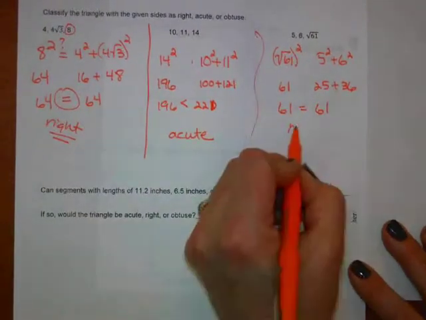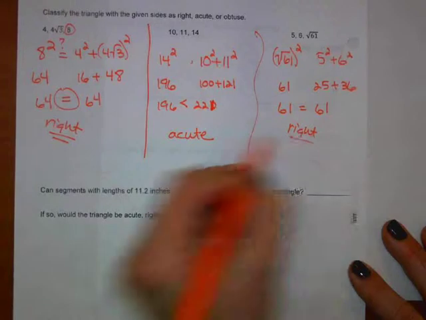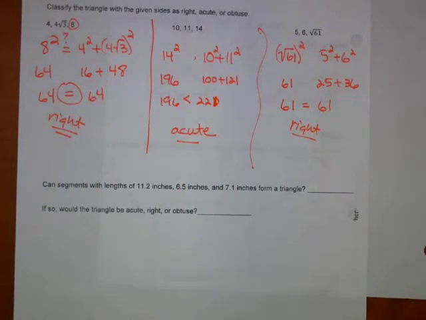It's right. So remember, if the third side is smaller, what kind of triangle is it? Acute. Yes, and if the third side is bigger? Obtuse.